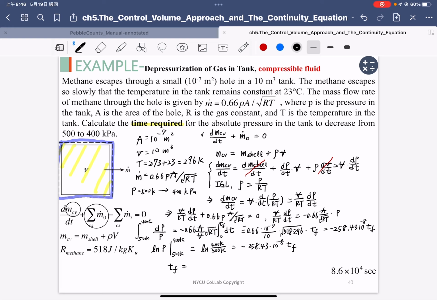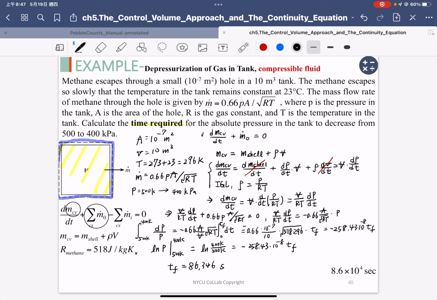Okay, so divide the 258.43 and then multiply the 10 8 powers. So the TF will equal to 846346 seconds.